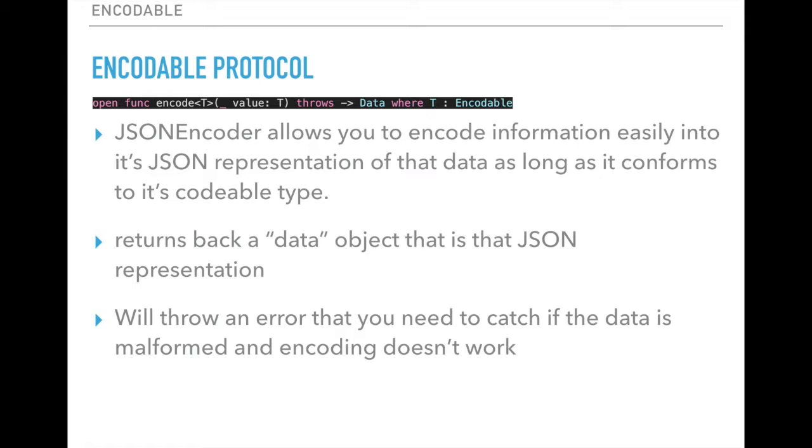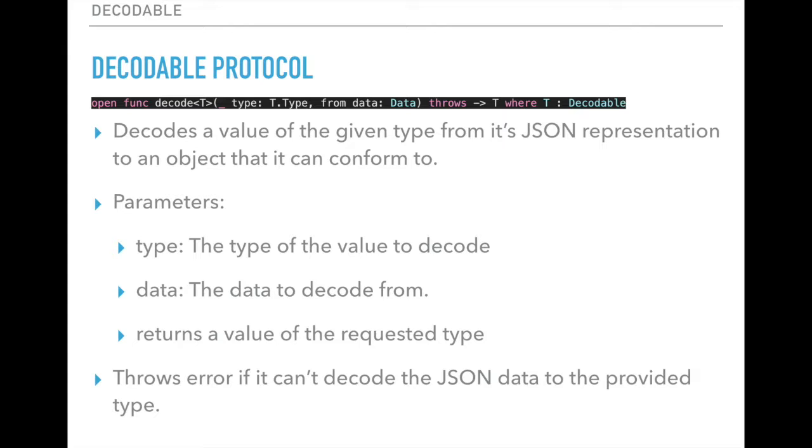On the flip side, when you're receiving data, you would use the Decodable protocol. Decoding is basically the reverse of encoding. You're receiving data from an API that you're using, and you decode that information into the object that you define. The parameters that you'll give are type and data. Type is very important, because it's how the decoder knows how to translate that information package into the object that you want to decode it as.